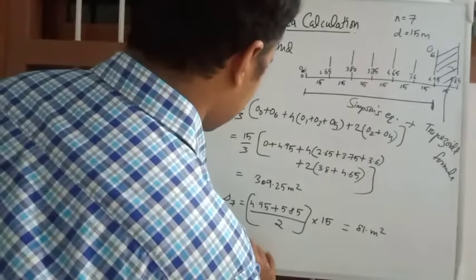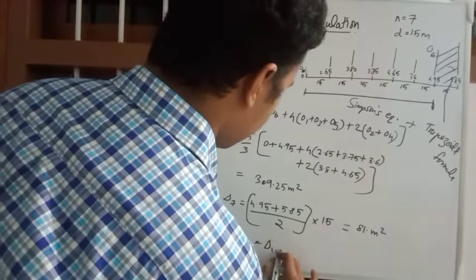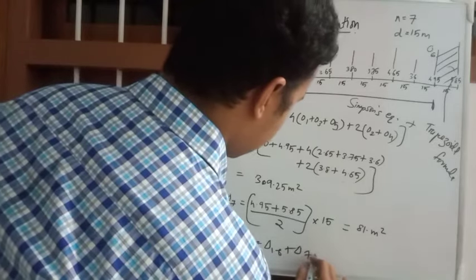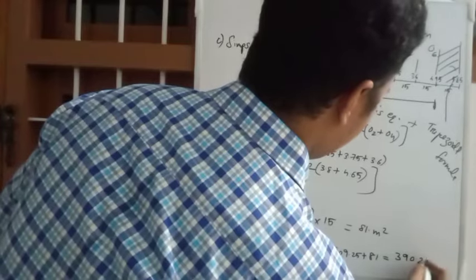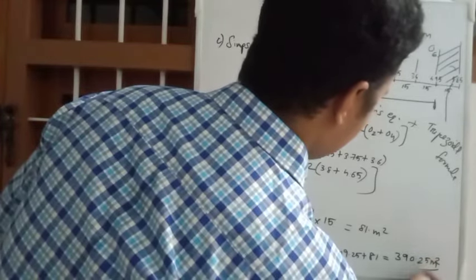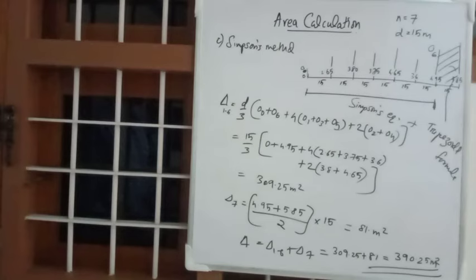The final answer, delta is equal to delta 1 to 6 plus delta 7, that is 309.25 plus 81, that is 390.25 meter square.